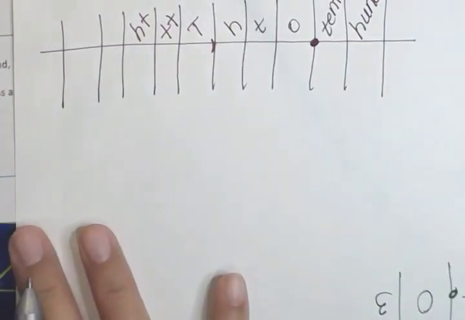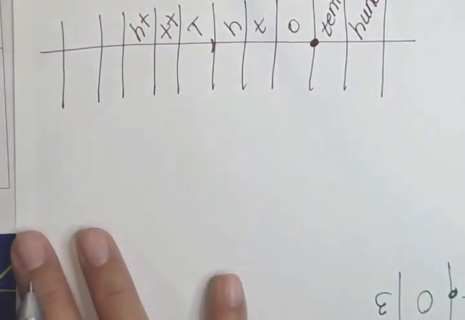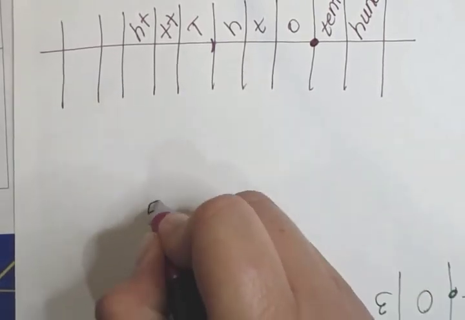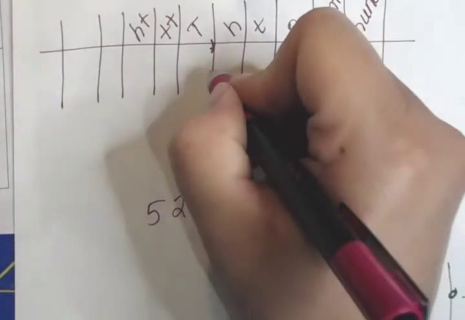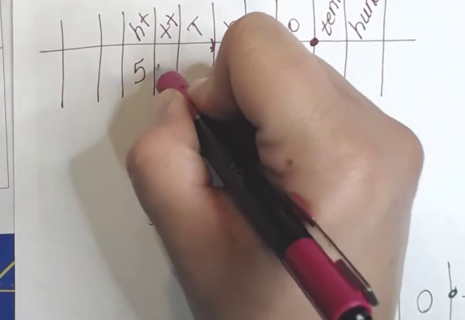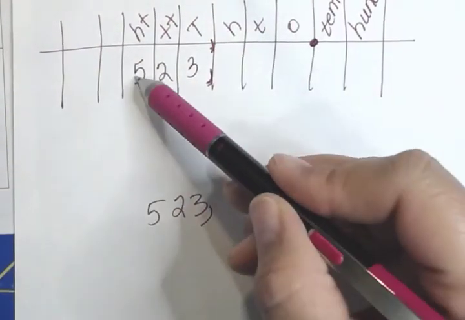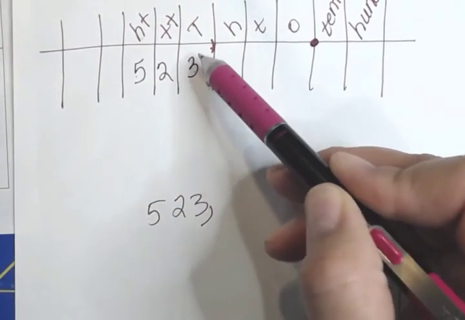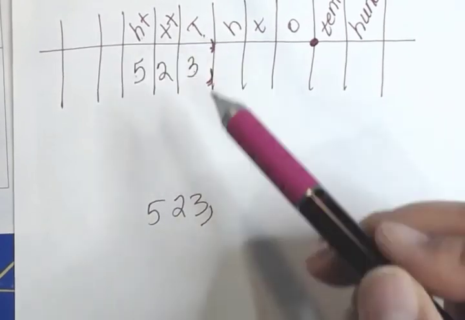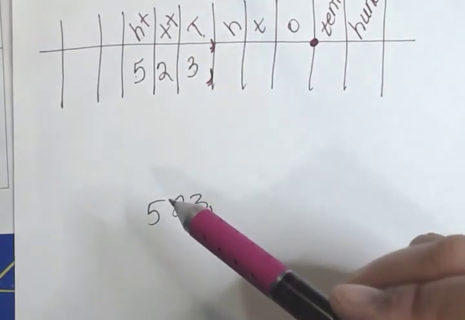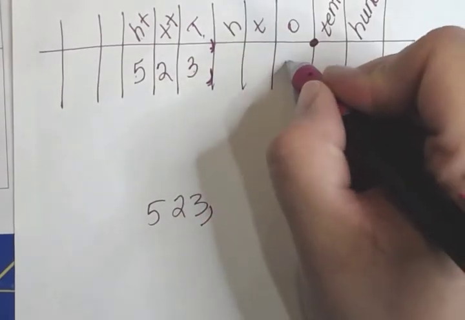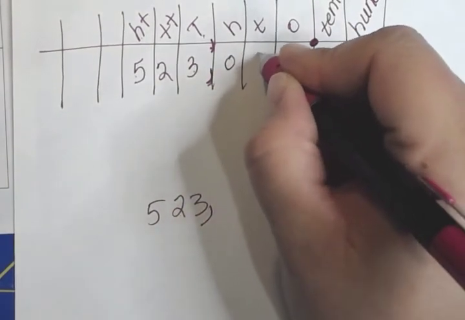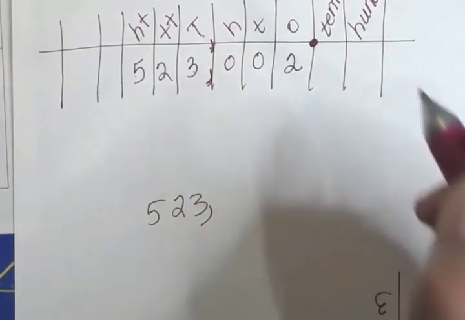All right, so we've got 523,000. So there's my thousands. So I will write 523,002. That means we don't have any hundreds, we don't have any tens. The 2 is right here.